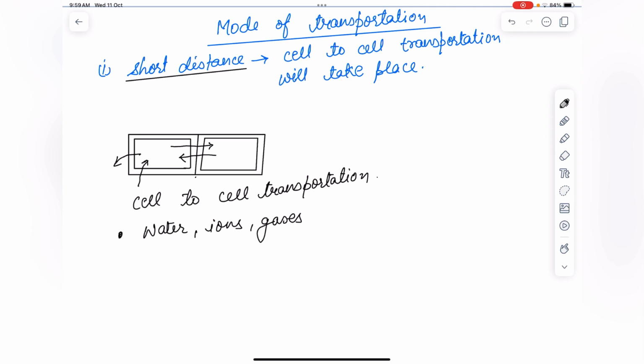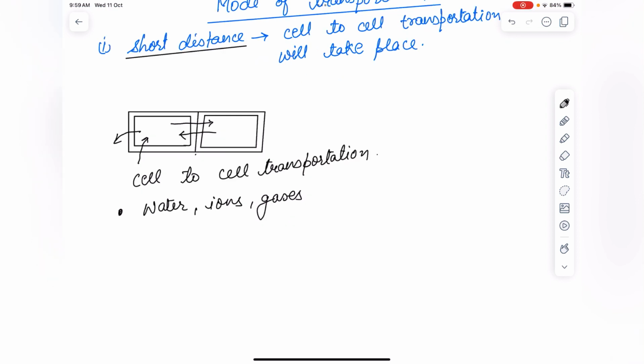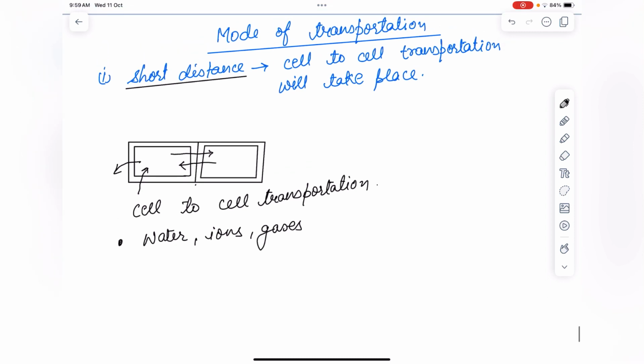To understand the transport processes that take place in plants, we need to understand the basic thing about how cell to cell transportation takes place. We have studied diffusion in the cell. So for short distance transportation, what kind of transportation will take place?